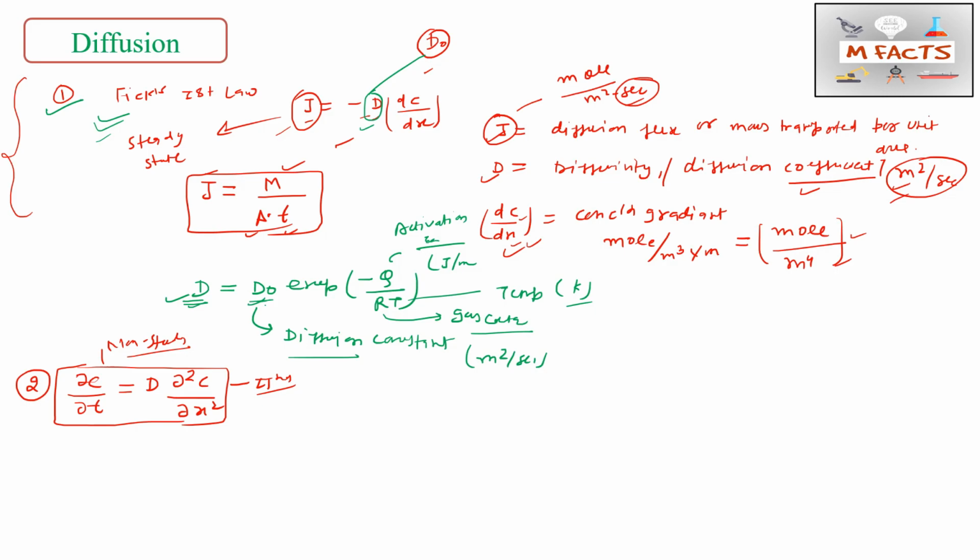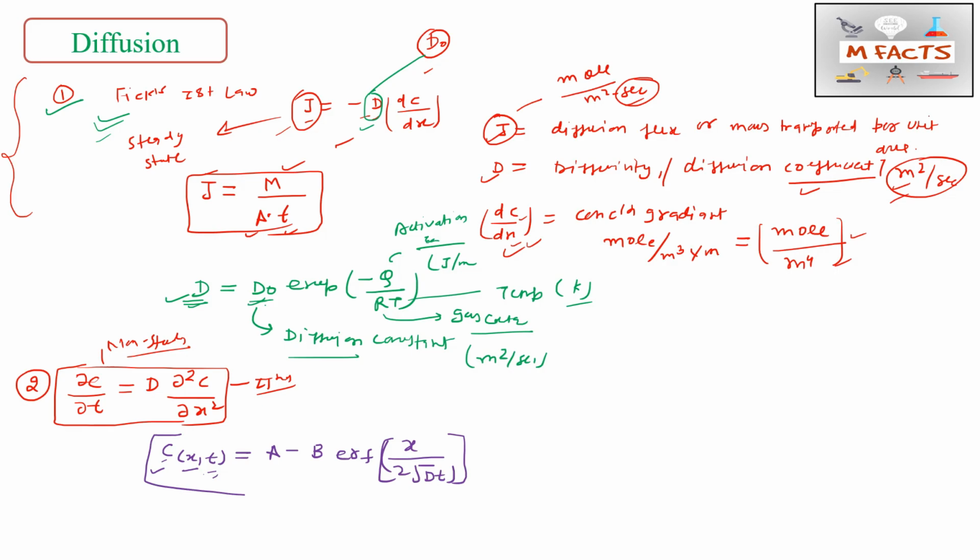We have a solution of Fick's second law in the form of a Gaussian error function: C(x,t) = A minus B erf(x by 2 root Dt). From here we can find C(x,t), the concentration at depth x after time t.